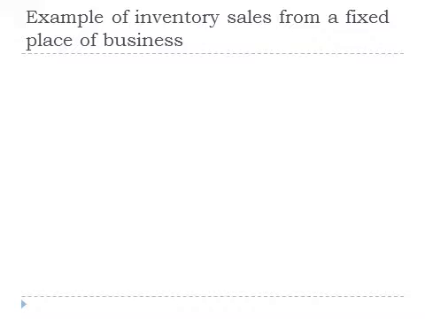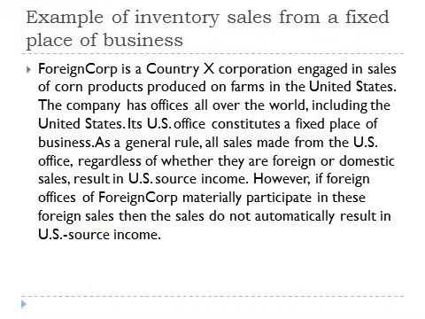Here's an example of inventory sales from a fixed place of business. Foreign Corp is a Country X corporation engaged in sales of corn products produced on farms in the United States. The company has offices all over the world, including the United States. Its U.S. office constitutes a fixed place of business.